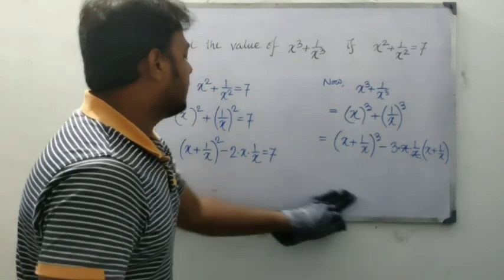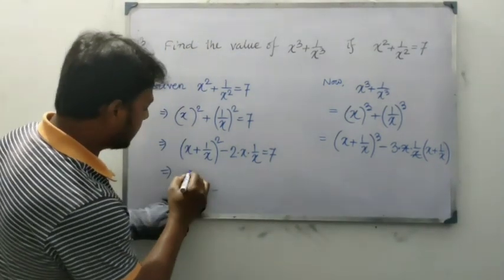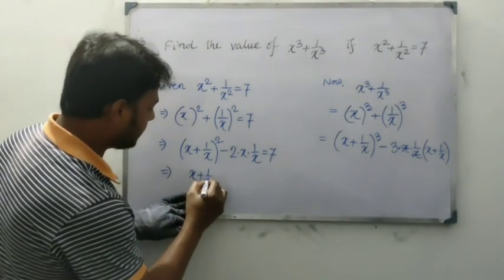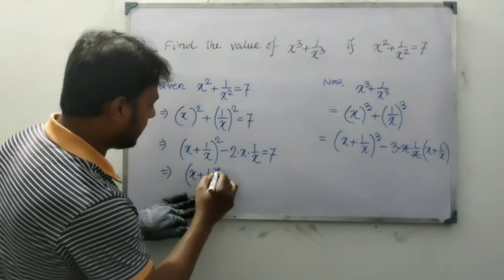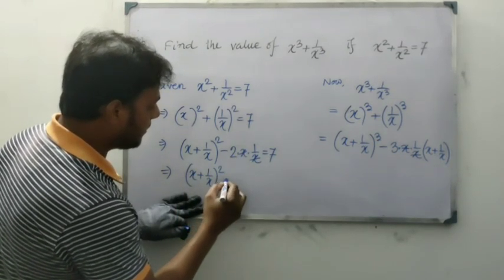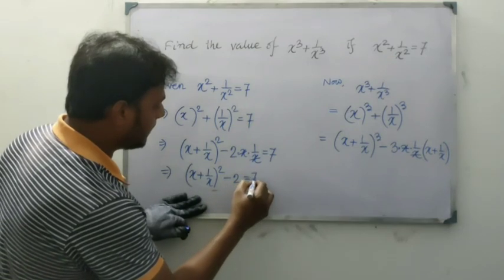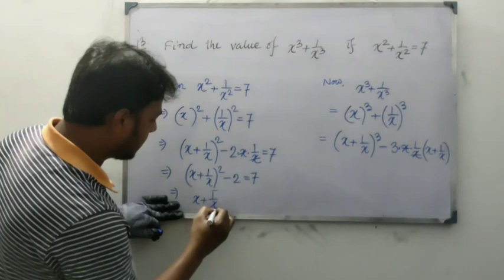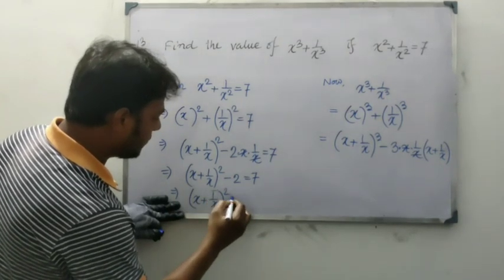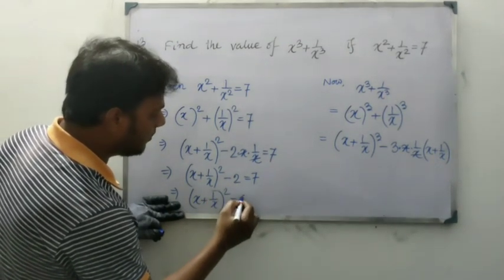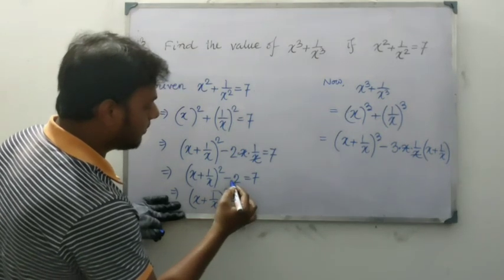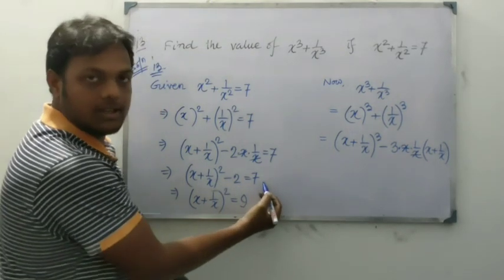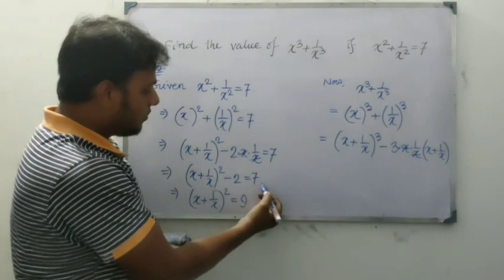So we have to compute x plus 1 by x. Here (x plus 1 by x) whole square, here x cancels out, it will be minus 2 equals 7. So (x plus 1 by x) whole square equals, consider this 2 on the right-hand side, then it will be positive, so 7 plus 2, that means 9.